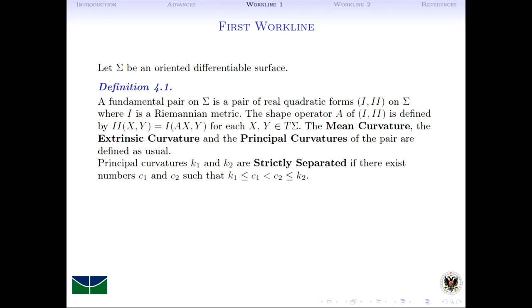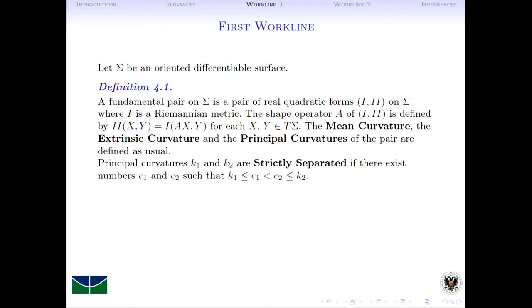A fundamental pair on sigma, an abstract surface, is a pair of real quadratic forms, denoted 1 and 2, such that the first one is a Riemannian metric.